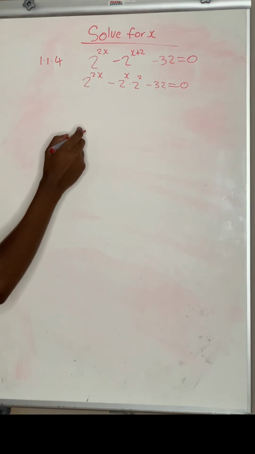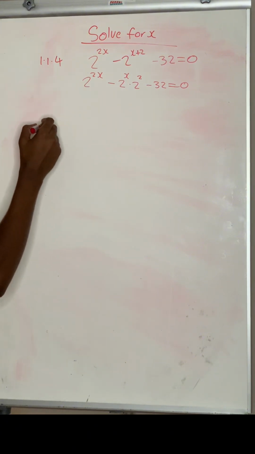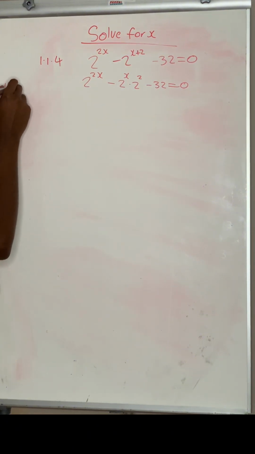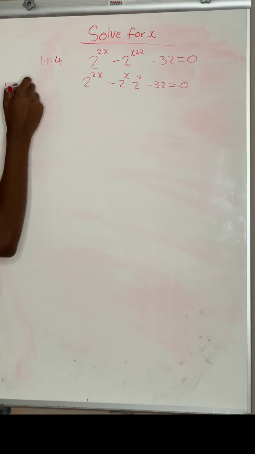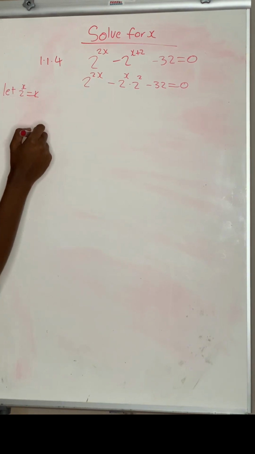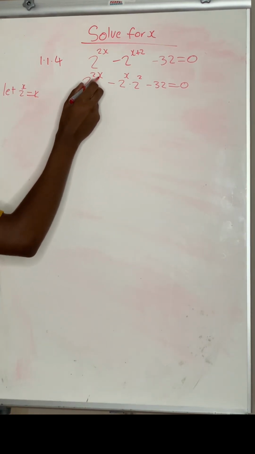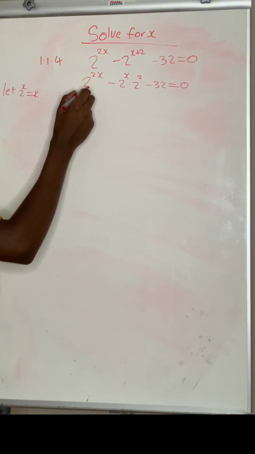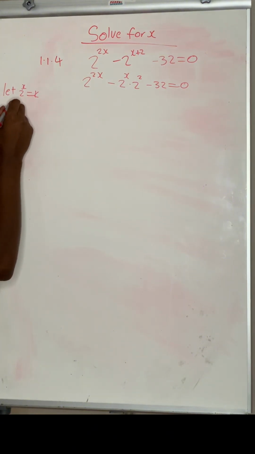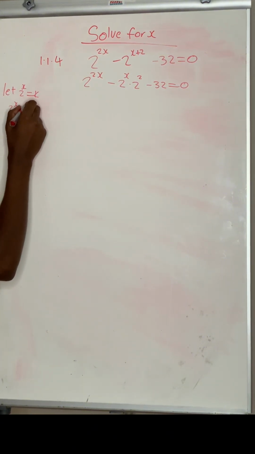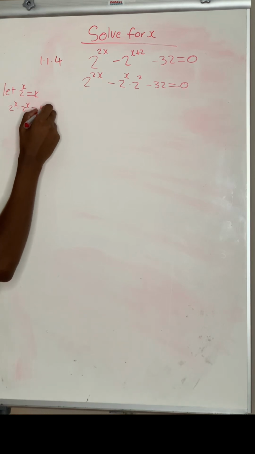Now from here, in order for us to make things simpler, let 2 exponent x be equal to k. Now 2 exponent 2x is actually the same as saying 2 exponent x times 2 exponent x, which is k times k.